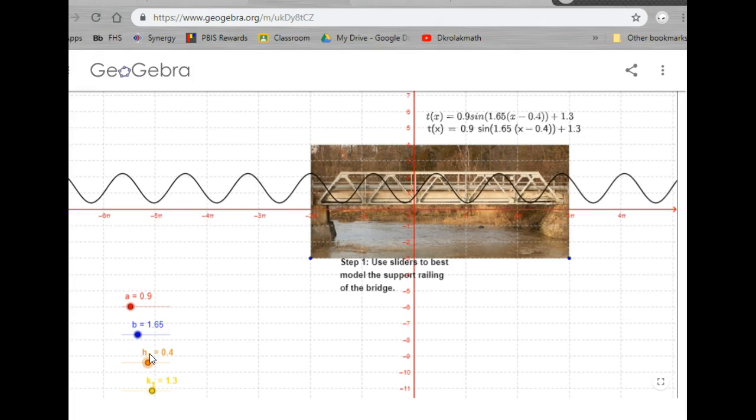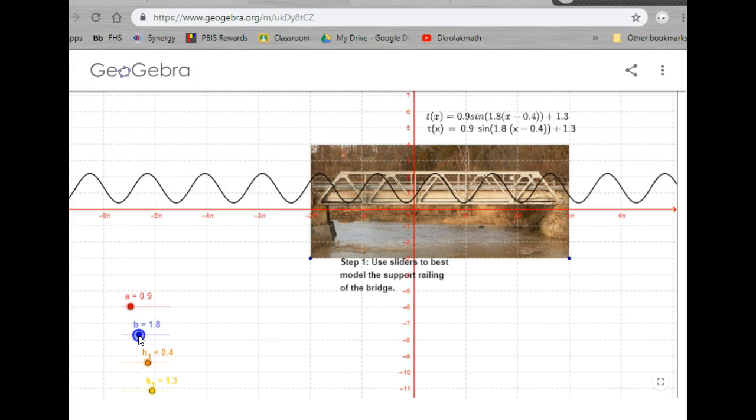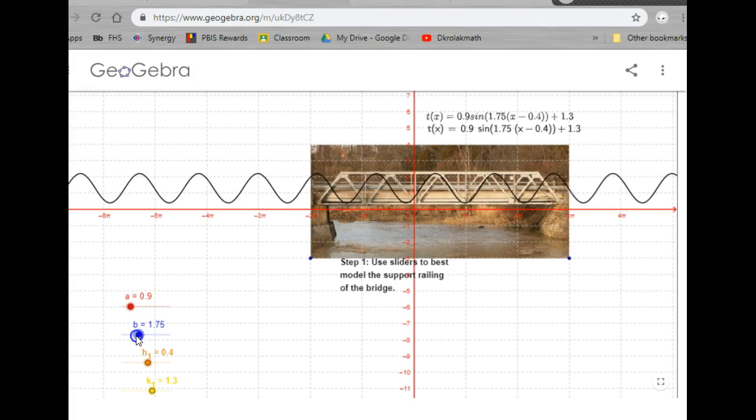Now I've got to change the period a little bit so that the curve fits it. Do I want to squeeze it or stretch it out horizontally? I want to make the frequency a little bit higher so that these hills and valleys are closer together. Right now it's at 1.6, so maybe 1.8.